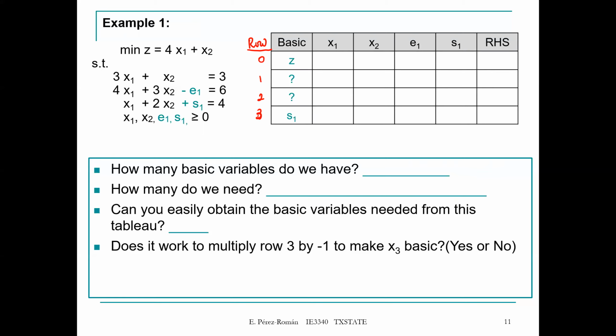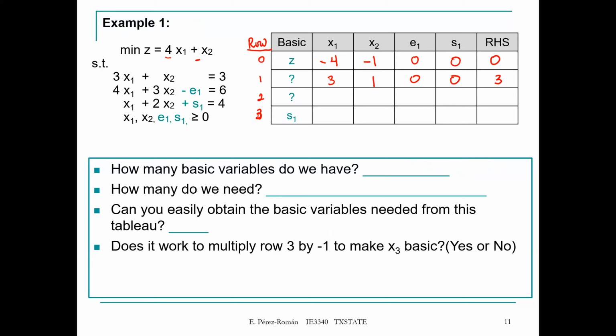So the objective function, or row 0, is going to be minus 4, minus 1, then 0, 0, 0. So minus 4 is coming from this coefficient, and minus 1 is from this coefficient. Then for the coefficients of the first constraint, we have 3, 1, and then the right-hand side is 3. So these two are 0.